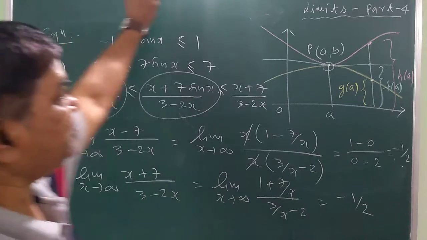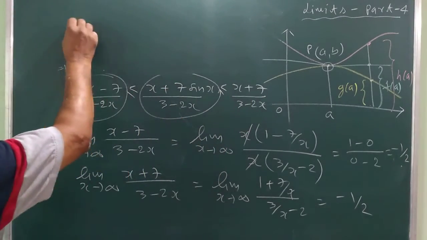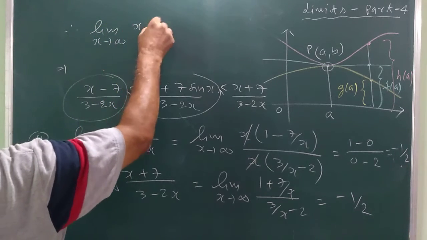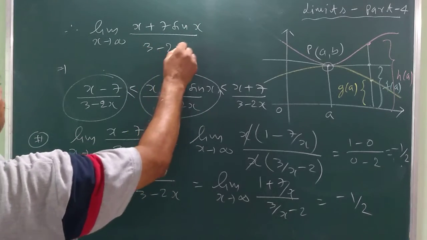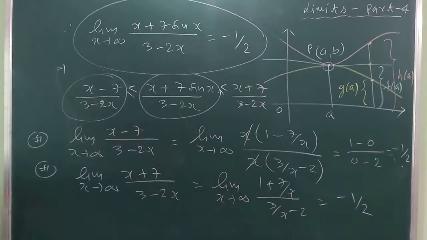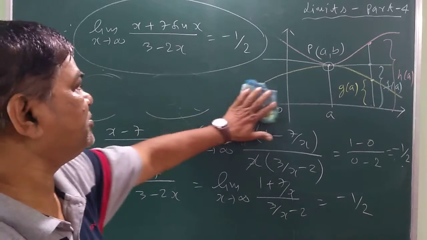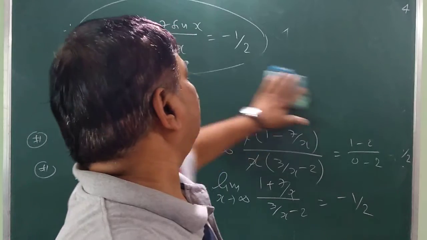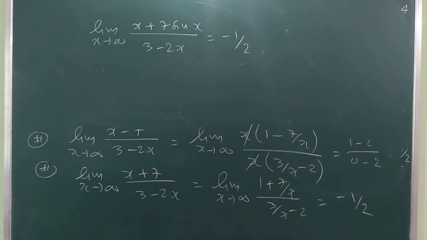Therefore, the limit as x tends to infinity of (x + 7 sin x)/(3 - 2x) is equal to -1/2. So with the help of the sandwich theorem, we can find the limit of functions which are given in this way. This is one example.